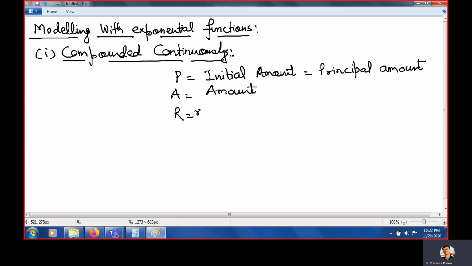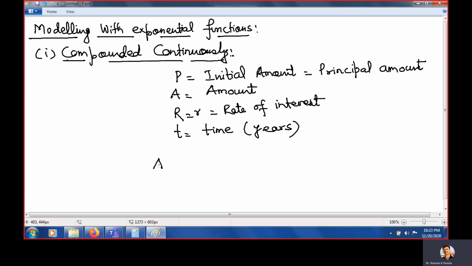R is the rate of interest, and T, the time, how much time, you can say in hours, in minutes, everything. It is up to the question, but here because it is a compounded continuously problem, generally time will be in years. Okay, so what is the formula?